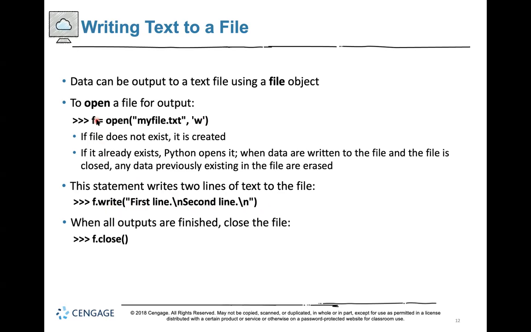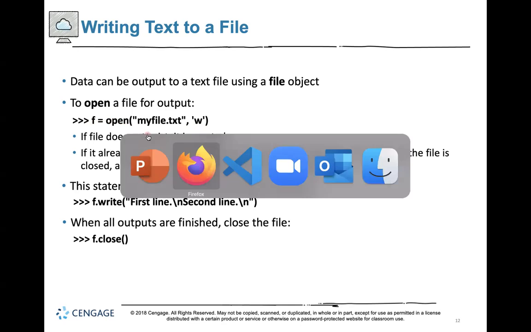And then you wonder what would be the object for F. Now, the object for F depends on your mode. And by default, it's going to be a text-based file. So the object that's returned by this open function is actually an object of TextIOWrapper. So you can actually look it up.